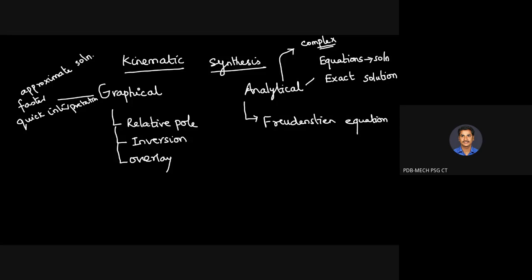So in this we are going to have relative pole method, inversion method, overlay method, and in analytical approach we are having two approaches, that is the Freudenstein equation approach and another one is complex number modeling.